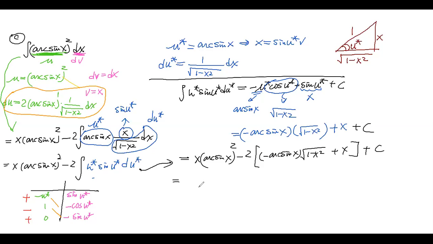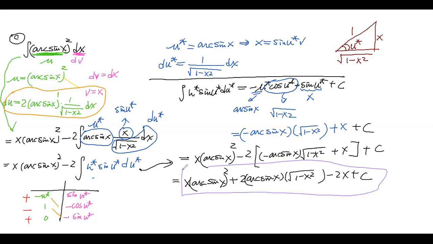So now my final answer, oops, I forgot the square. This is x times arc sine x whole thing squared. Minus minus is a plus, positive, so it's 2 arc sine x times the square root of 1 minus x squared, minus positive is minus 2x plus c. All right, so we got it.